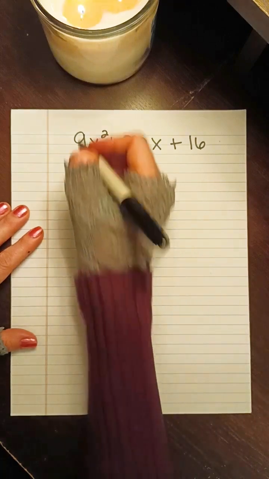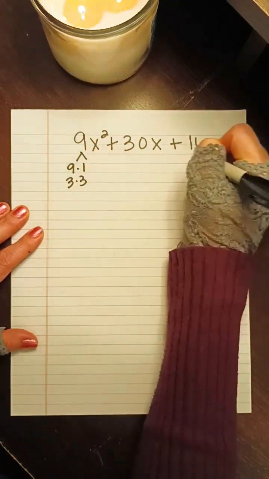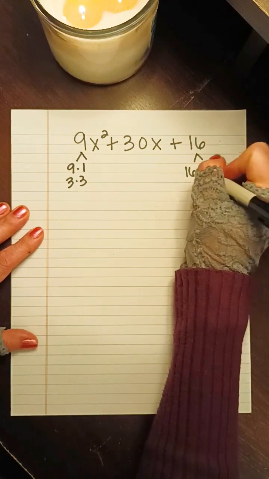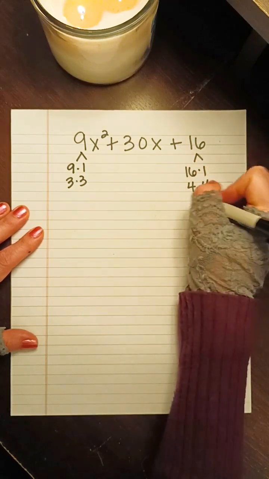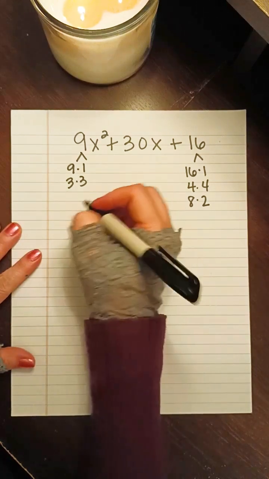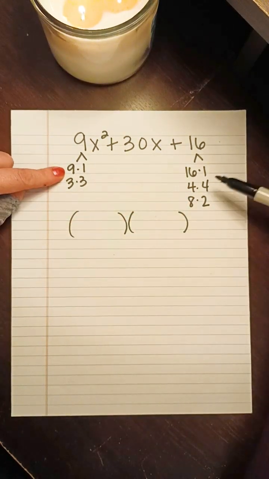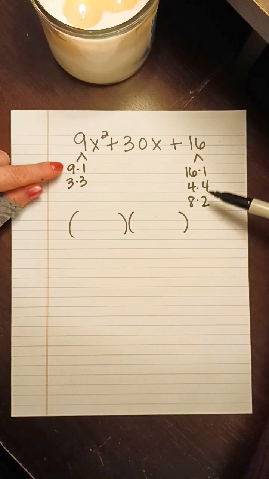Okay, so numbers that multiply to be 9. So 9 times 1, 3 times 3. Numbers that multiply to be 16, 16 times 1, 4 times 4, 8 times 2. And I'm not worried about signs at this point. I'll put down 2 sets of parentheses. One of these pairs is going to be paired up with one of these pairs to get the 30.